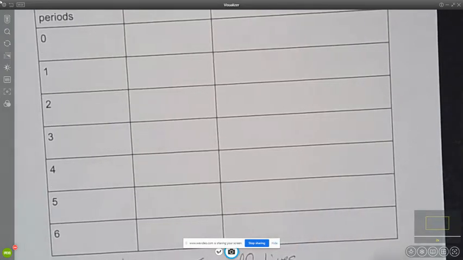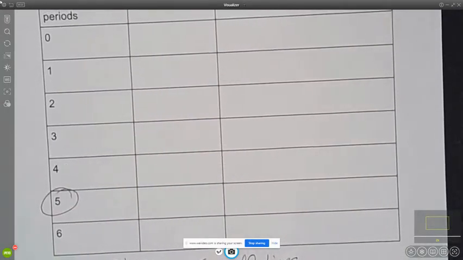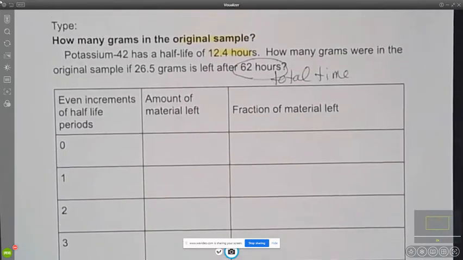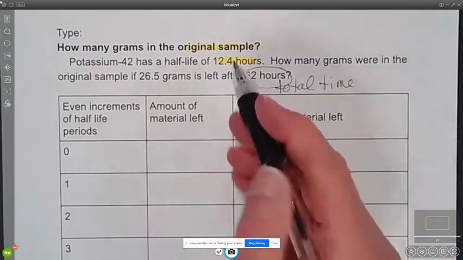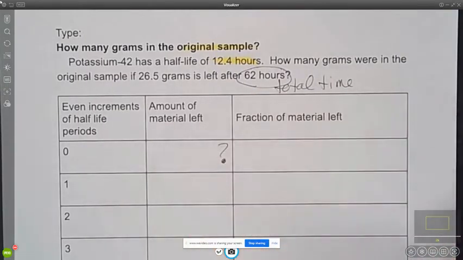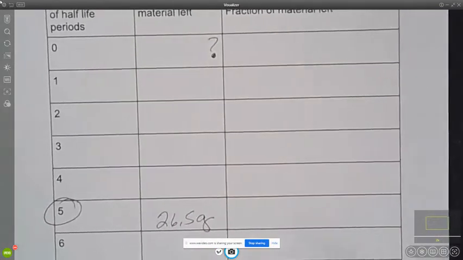So I'm going to come here, and I know that I've got a total of 5 half-lives that have occurred. So it tells me how many grams were in the original sample. This is what we're trying to find. But it tells me after those 5 half-lives, I've got 26.5 grams that were left.